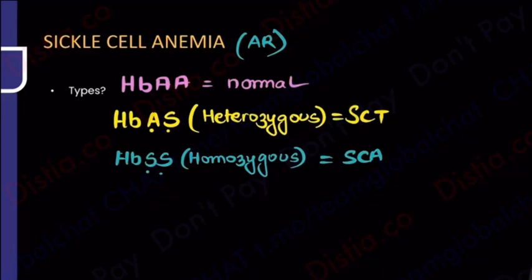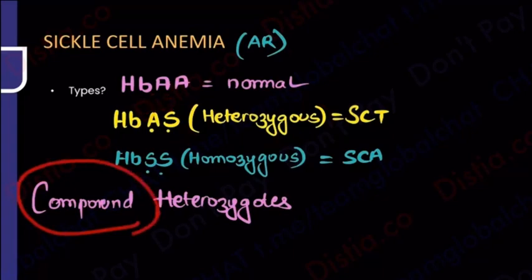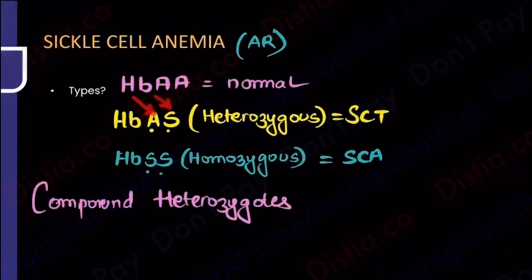In fact, let me tell you, there is something a little advanced for the advanced exams. There is something known as compound heterozygotes. Heterozygous, as I know, means one is adult hemoglobin, one is sickled; one is a normal hemoglobin gene and one is a sickled hemoglobin gene. That is different. But when I say compound, both the genes are going to be bad genes. One of them is going to be sickled, one of them is going to be beta thal.